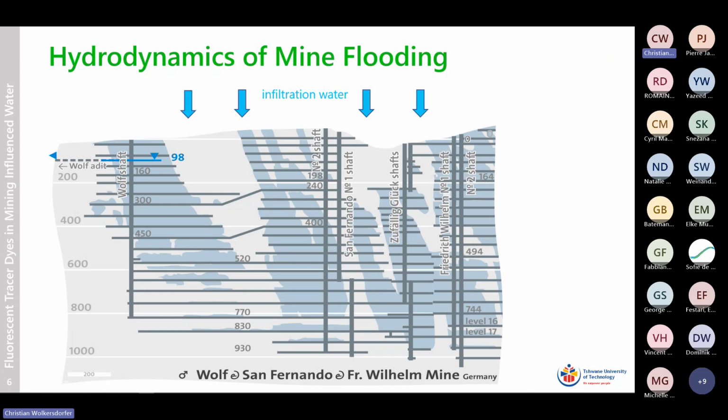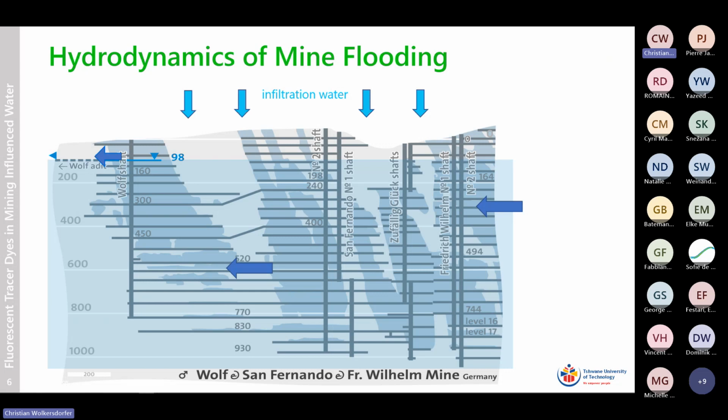When the mining activity is done, the miners switch off the pumps, and then due to infiltration water and inflowing groundwater, the mine gets flooded. You can see this here with the blue frame. That is the water body. Now, there is also flow inside the mine because the mine water is flowing down to the lowest hydraulic level, which is in this case the adit where the water is flowing out of the mine.